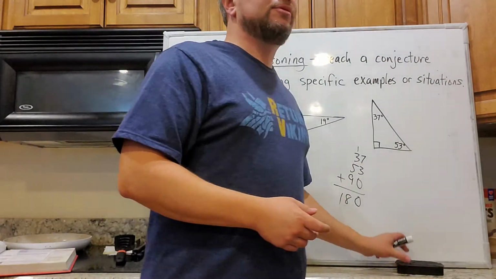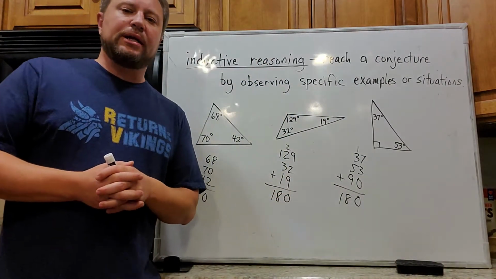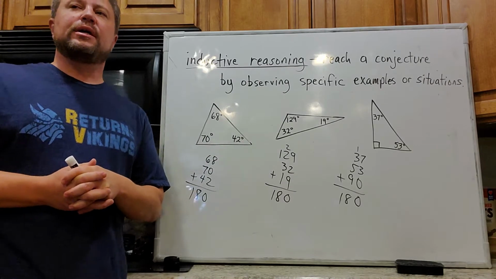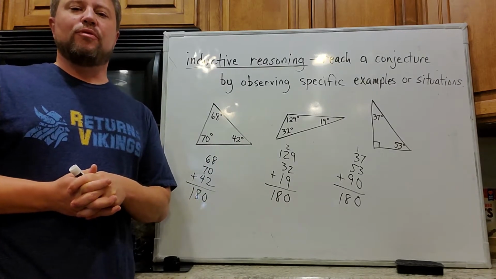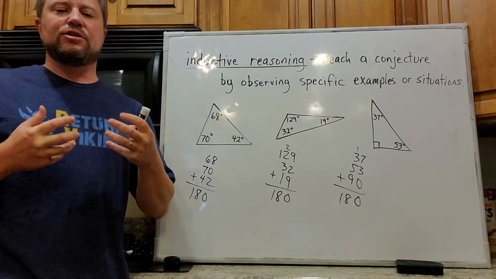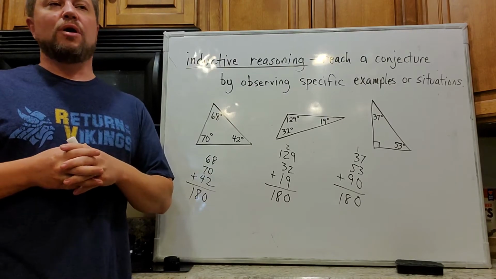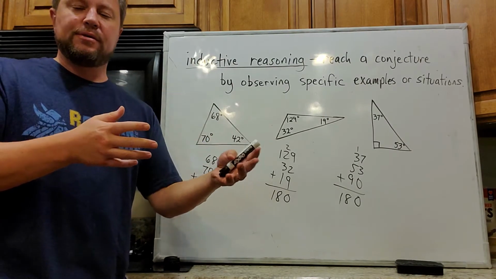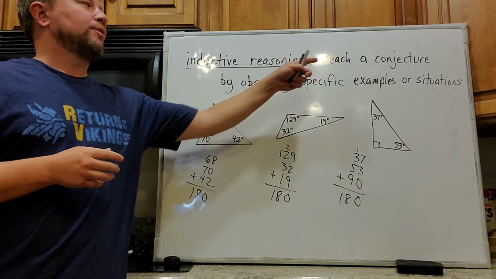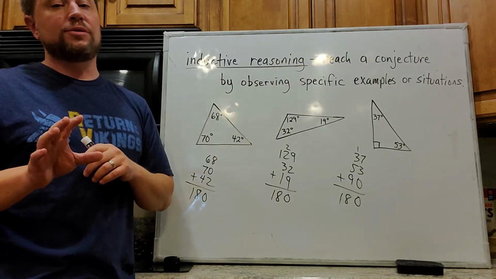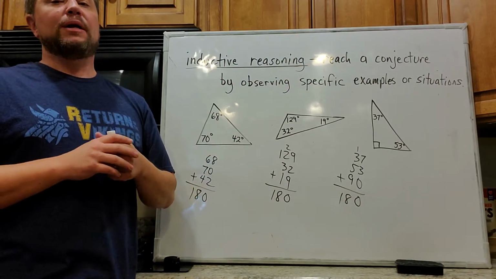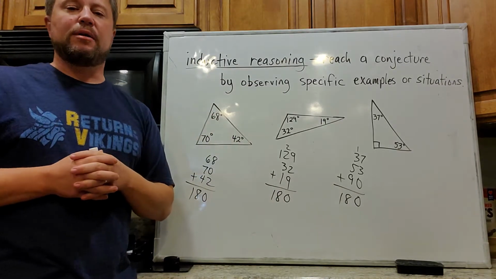Some other examples of this, just to give you an idea too of inductive reasoning. I did mention once before that I've made the conjecture that tomorrow morning the sun will rise. Okay, that's a conjecture that I'm making that could be false. I could be wrong, but it is based on specific examples.